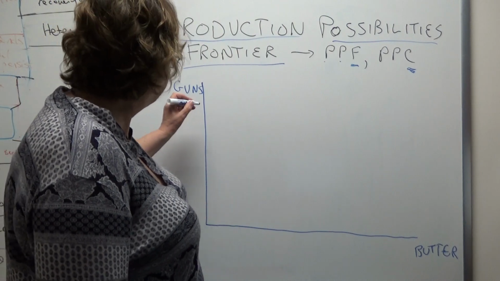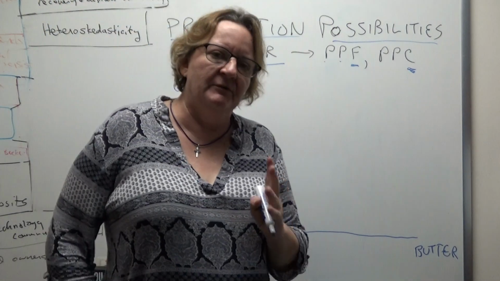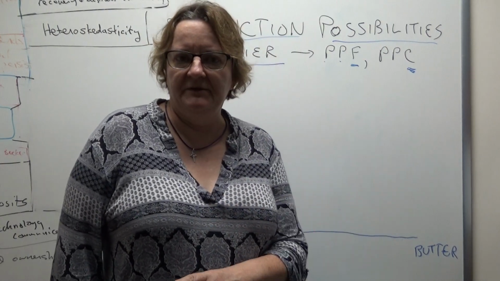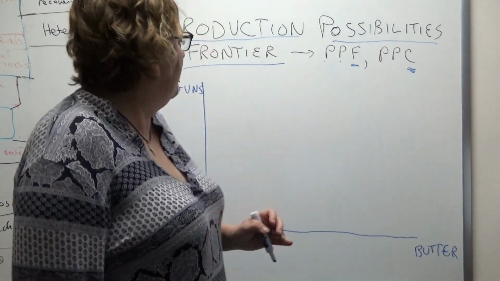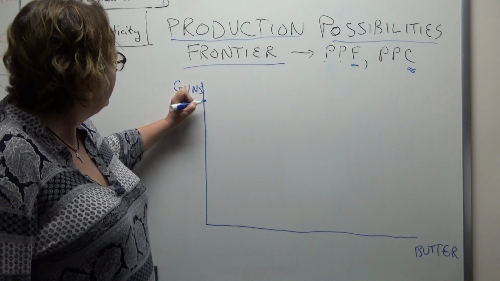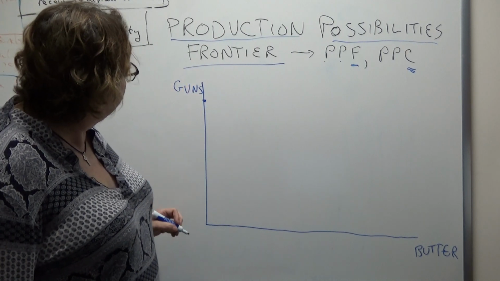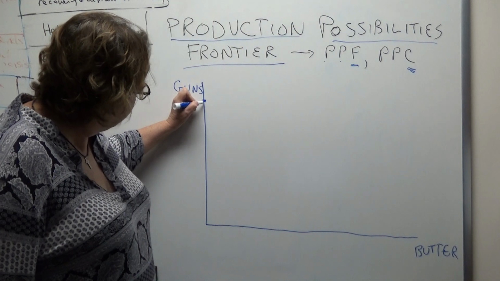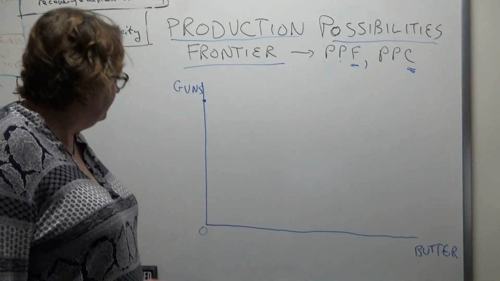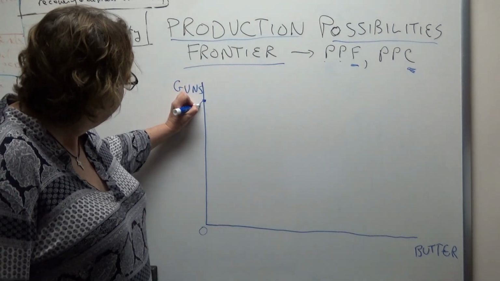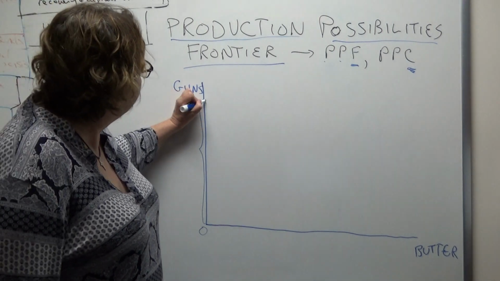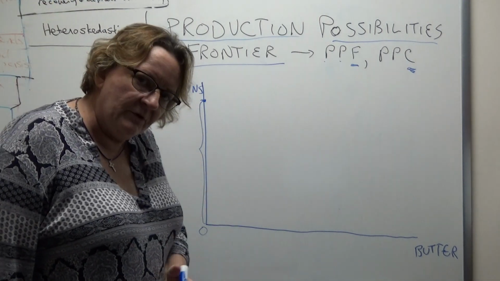Basically, we don't have enough resources to produce everything we want. We have to make choices. And so there's going to be some amount of guns that you could produce if the amount of butter on this axis was 0. So there's going to be some amount there. And we don't really even need numbers, we just want to understand how this works.